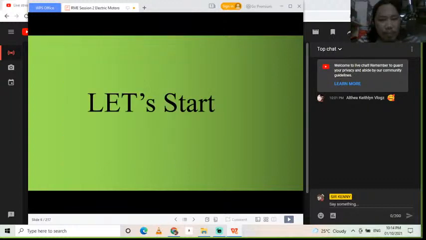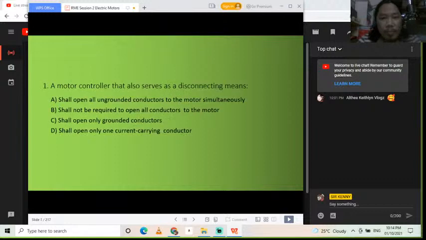So, let's start sa mga question and answer portion natin. Number 1, a motor controller that also serves as a disconnecting means. A. Shall open all ungrounded conductors to the motor simultaneously.